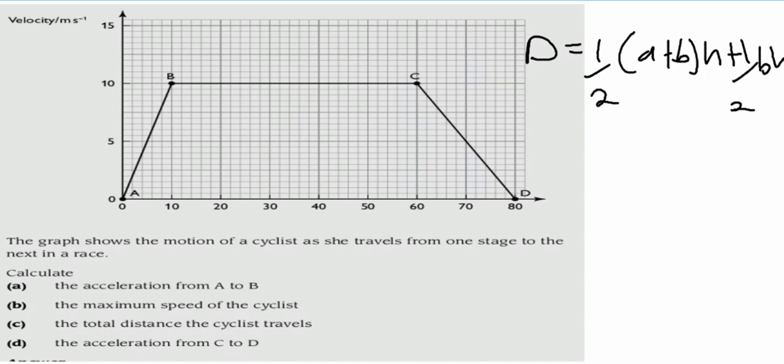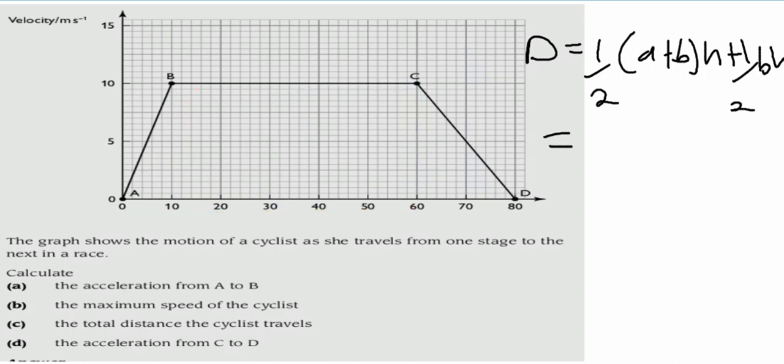Now let's identify the values for A and B. Since we are considering this shape to be a trapezium, the values for A and B come from the parallel lines.